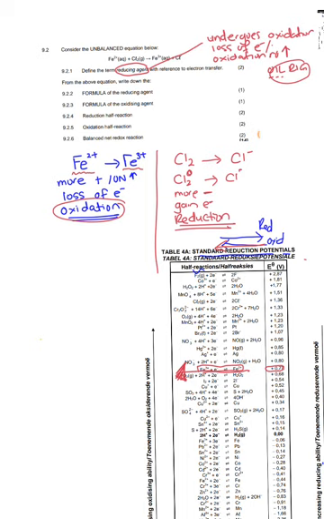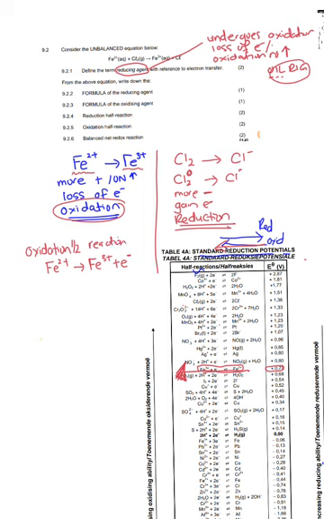So when I write the oxidation half reaction, I would write it in reverse. I would start with Fe2+, and then I would have a single arrow, and that would give me Fe3+ plus an electron. And that is the oxidation half reaction for iron.